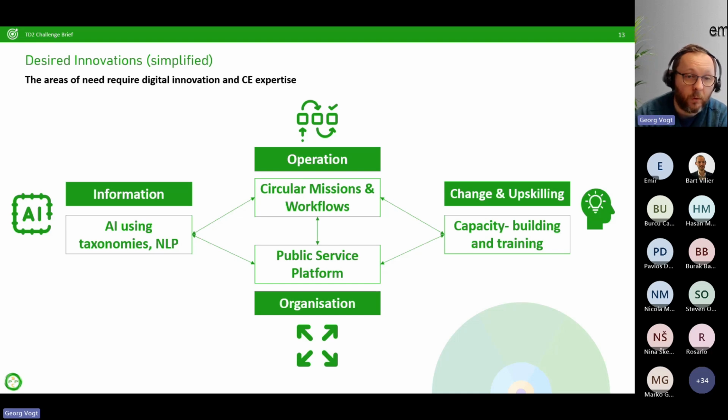Based on this knowledge, as a municipal worker, I want to take one of the case studies you have found for me with the AI, and I want to act on it. You will provide the user with workflows on how to do it step by step, in accordance with their ability and already existing knowledge on circular economy. So this is on the day-to-day level, the workflows, and on the macro level, on the city level, there are the missions which are deployed at the beginning.